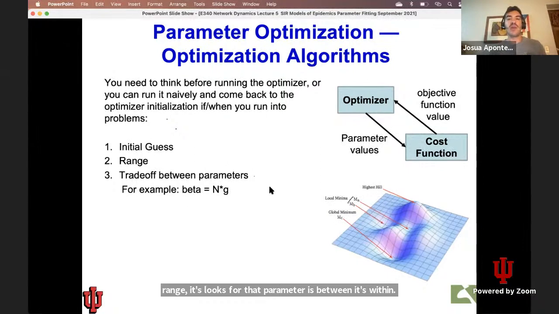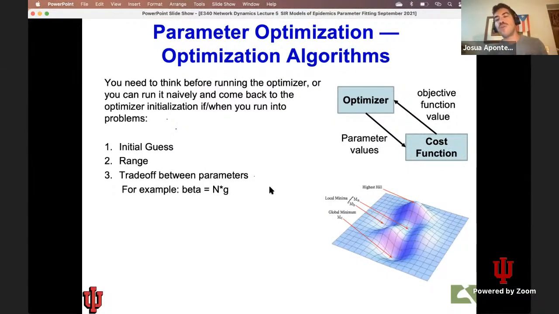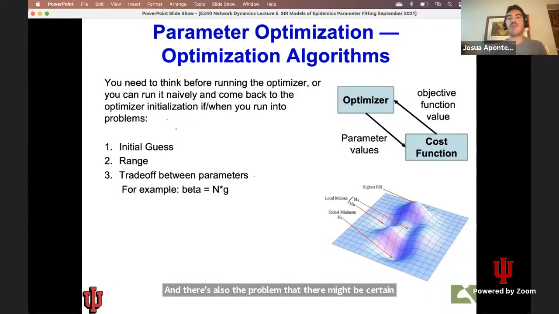And there's also the problem that there might be certain trade-offs between your parameters. As we saw from the data that we were looking at, we were not able to estimate independently what n times gamma is.